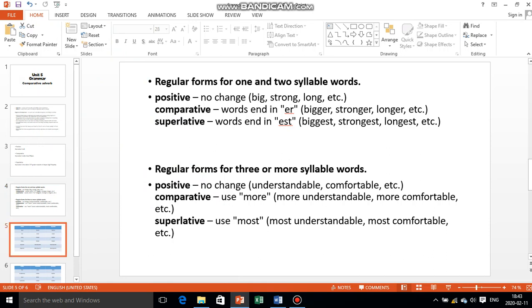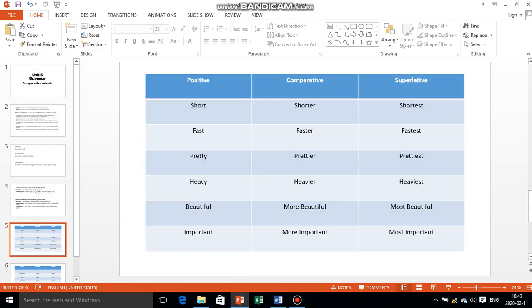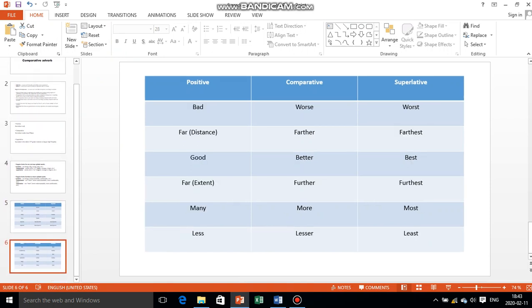Let's take a look at examples. For example, the word beautiful. Beautiful has 3 syllables. So you will use more beautiful in comparative and most beautiful in superlative. Same thing with important. Important has 3 syllables. So more important in comparative, most important in superlative. Now there are words with irregular forms, for example bad, far, good, many, less.